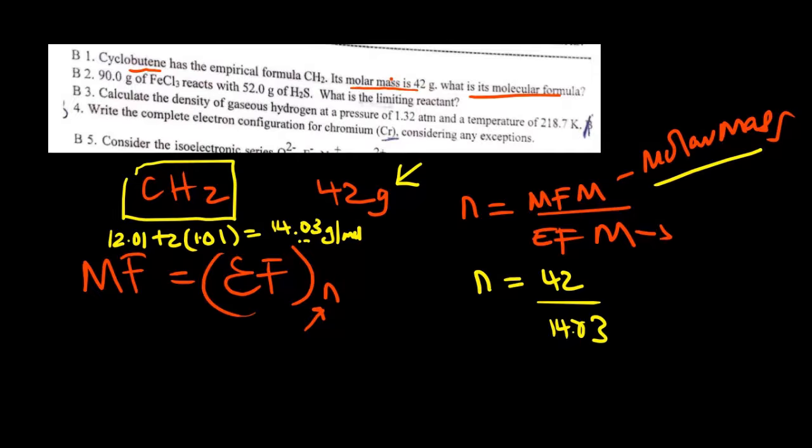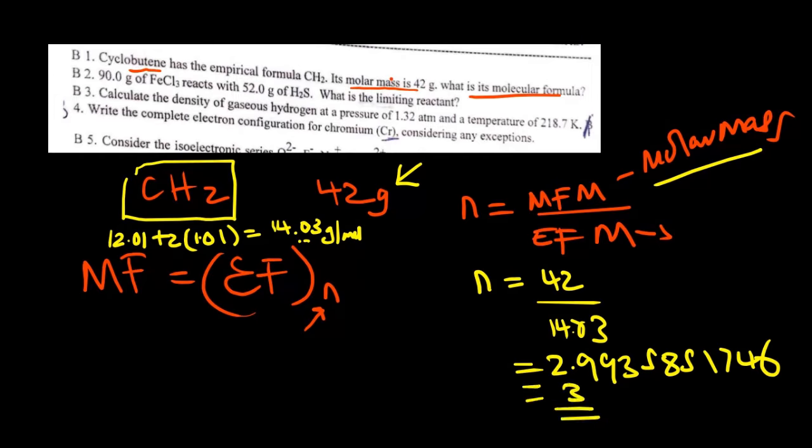Let me punch that on my calculator: 42 divided by 14.02 gives 2.9935851746. We can round it off, and it will just be 3. That is the factor.